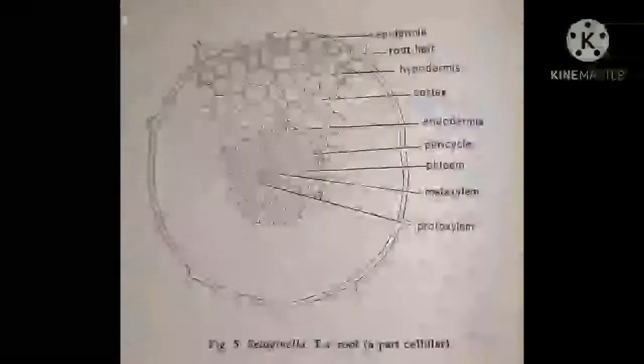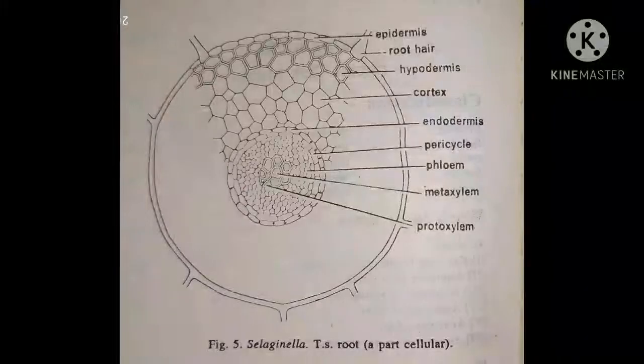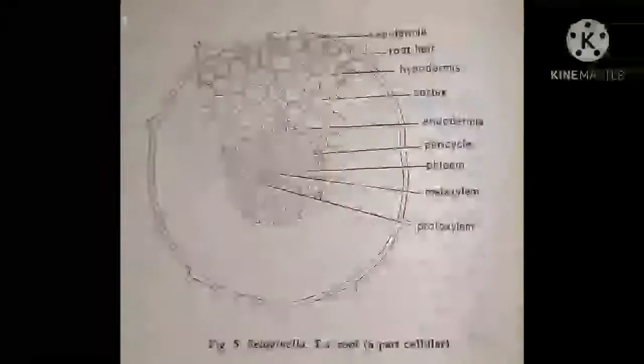Now we will see the anatomy of the root of Selaginella. The section is almost circular in outline, and from periphery to center, the tissue is differentiated into a single-layered epidermis, and cortex. The cortex is differentiated as hypodermis and cortex. The hypodermis is 2 to 3 cells thick.